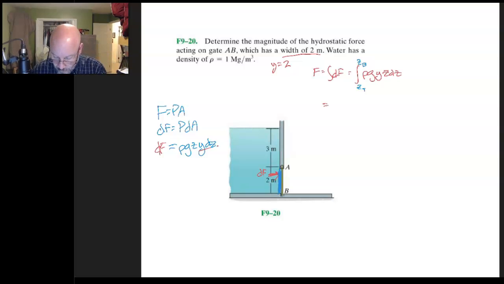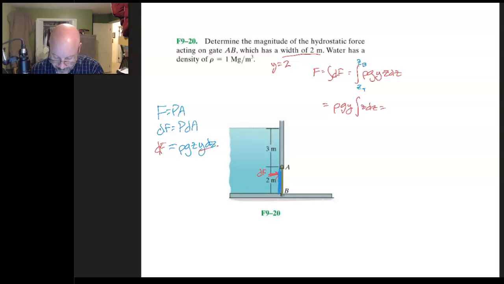So rho g y comes out front. Those are just constants. What I'm left with is a z dz here.